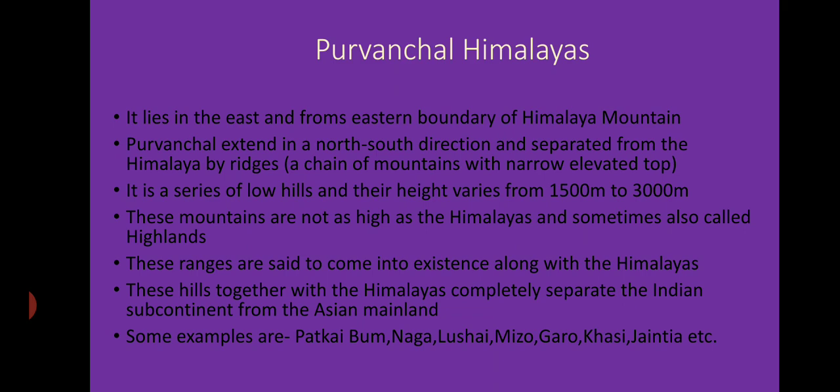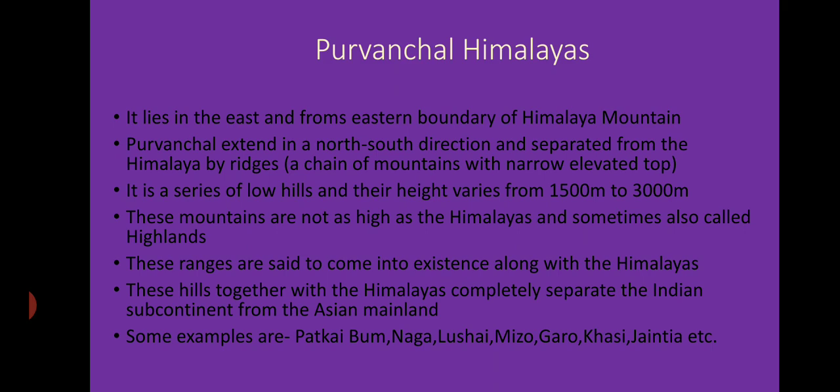Here you will find a series of low hills, and the height varies from 1500 meters to 3000 meters. These mountains are not as high as the Himalaya, and they take curves, so sometimes it is also called the highlands of the Himalaya.